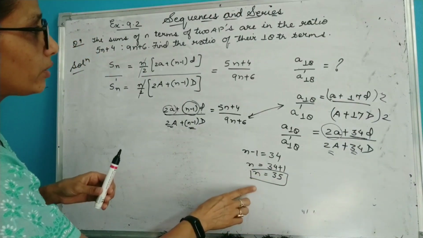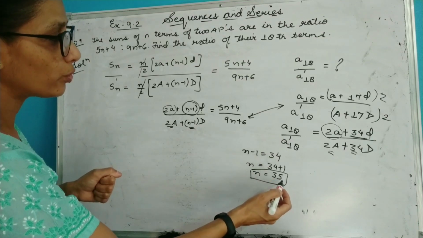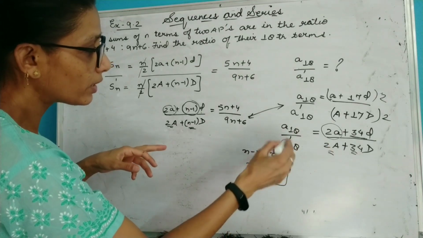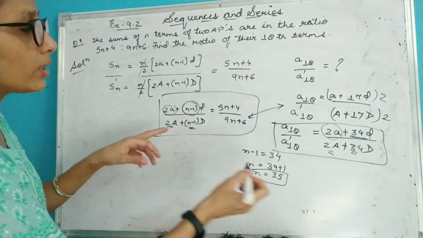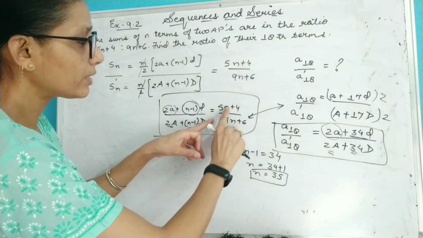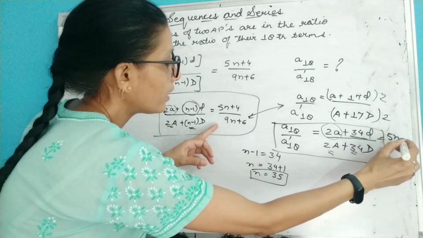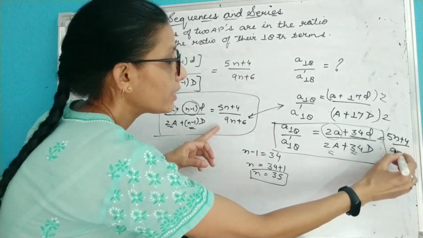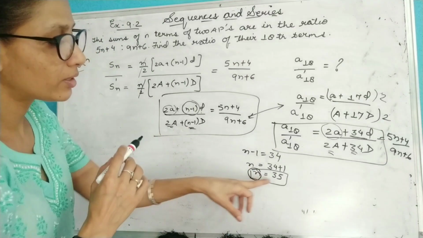So this is the value of n, and if I want to find the ratio, since these two are equal, this one and this one, after multiplying I can say this is equal to 5n plus 4 by 9n plus 6. Now I replace n with 35 here also.